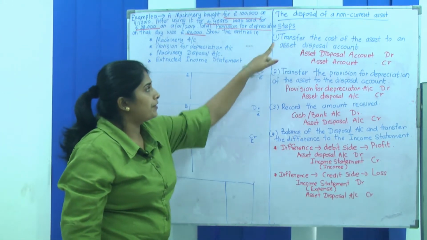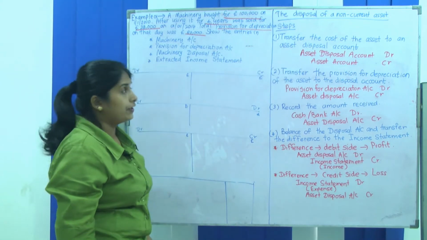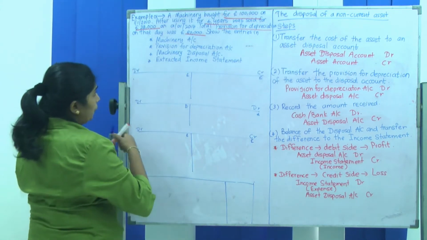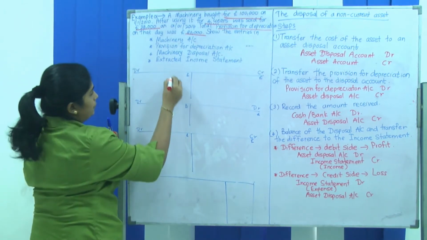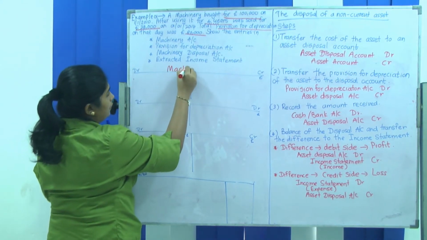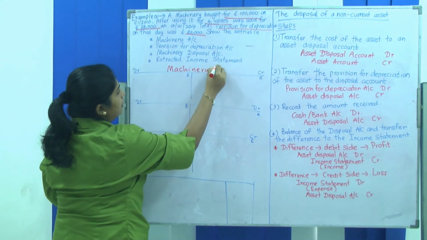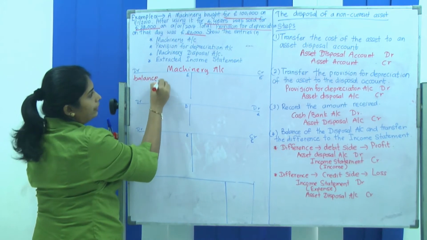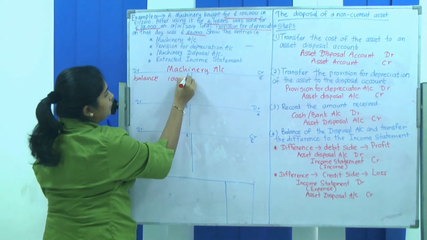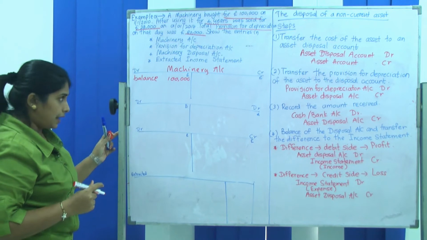What you have to do, first you have to transfer the cost of the asset. So what is the cost? The machinery was bought for 100,000. So we'll record it in the machinery account. Normally machinery is an asset account, so this 100,000 will be on the debit side.